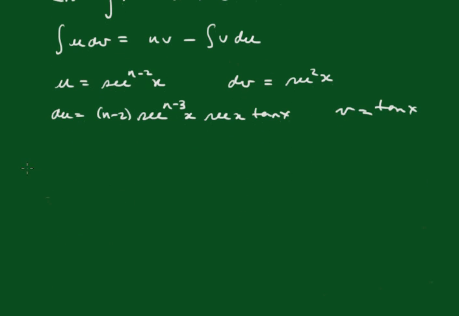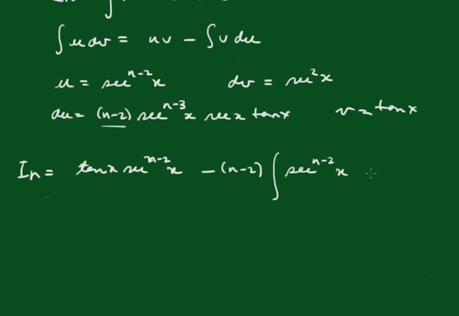Putting this in the formula, we get that In is equal to tan x sec n minus 2 x minus, now I'll take the n minus 2 outside of the integral, sec of n minus 2 x, and that by that gives me the tan squared x dx.